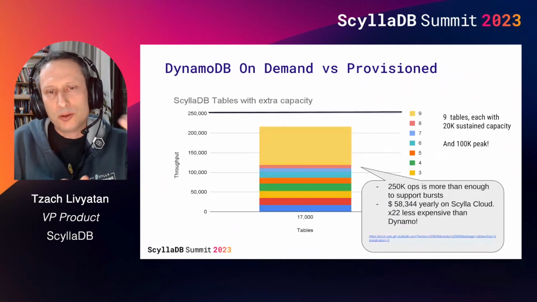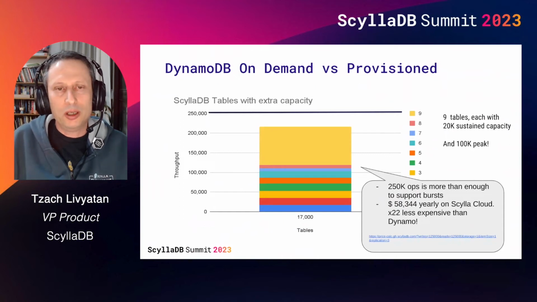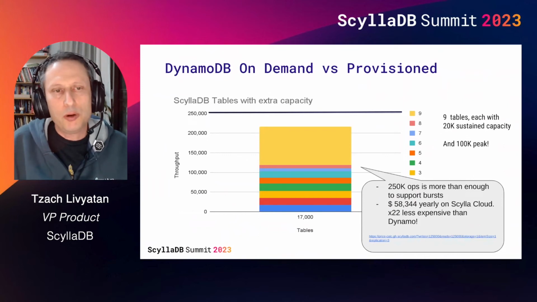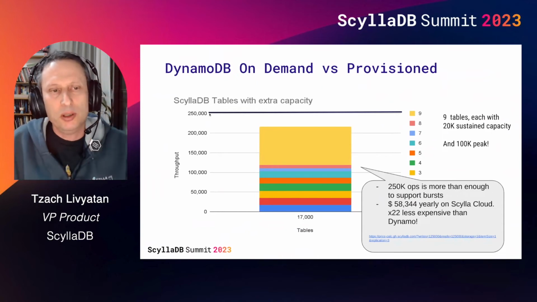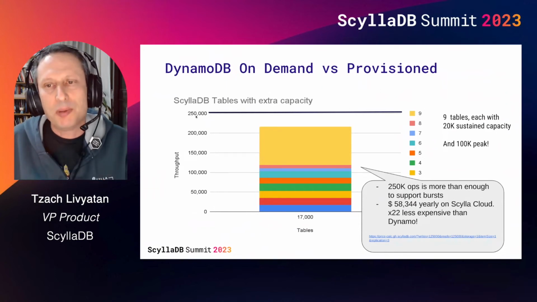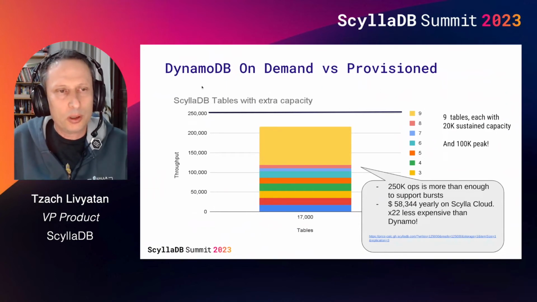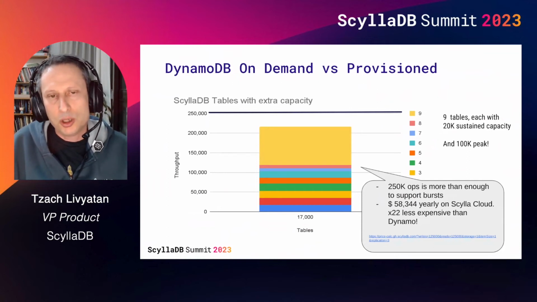On Scylla, you don't have this limitation per table. So if you allocate additional capacity for the whole cluster, which doesn't have to be huge, and one of these tables peaks while the others are not at the same time, you're still inside your cluster capacity. Like in this case, in Scylla, for example, if I size my cluster for 250,000 requests per second, it can sustain one or two table peaks, and the cost on Scylla Cloud will be way less than DynamoDB.